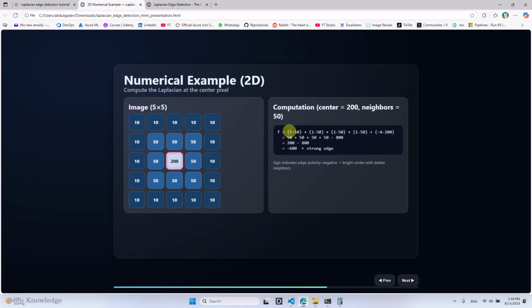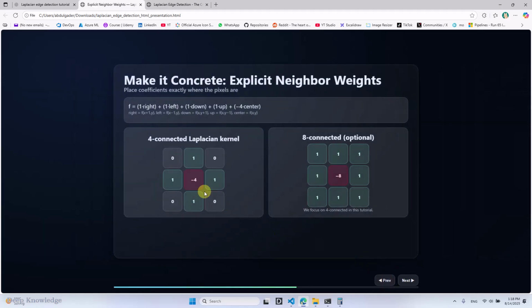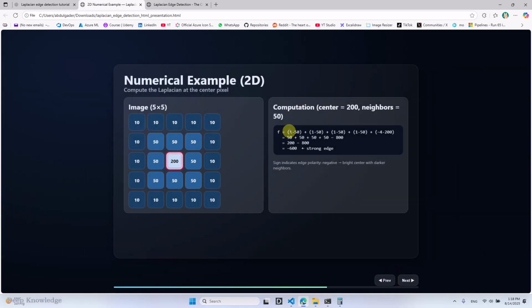Now I will multiply by the filter that we already have. I just showed you how we got this filter. Now we apply the filter on this image: minus 1 times 50, 1 times 50, 1 times 50, 1 times 50, and the other ones are zeros.